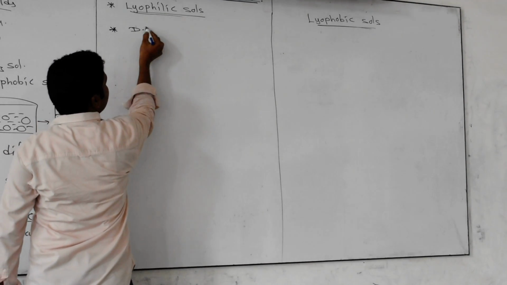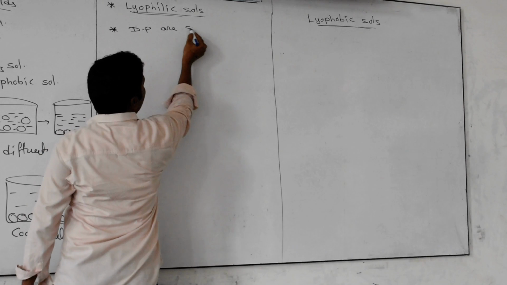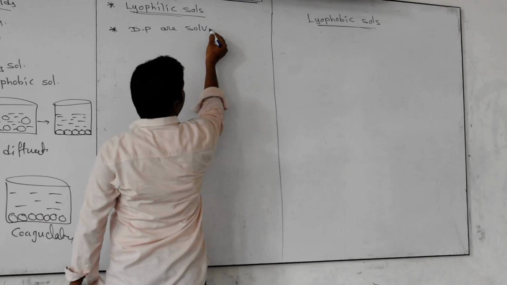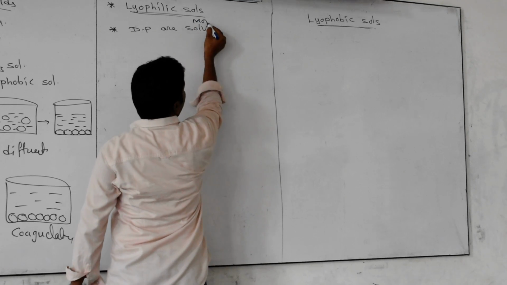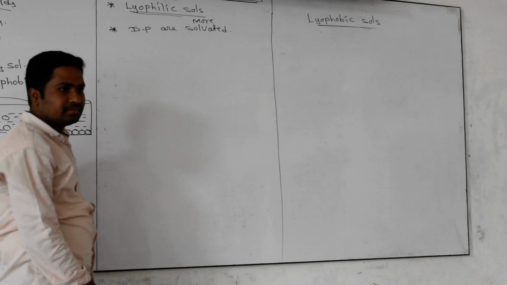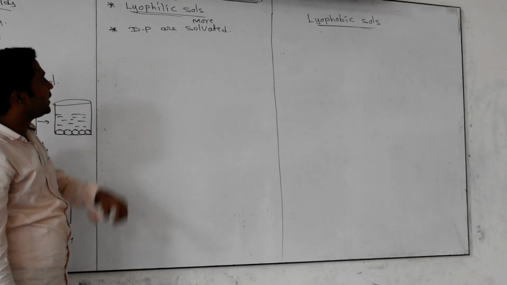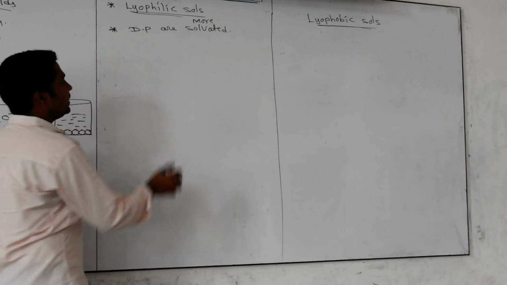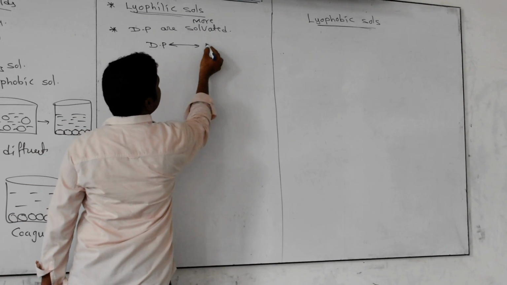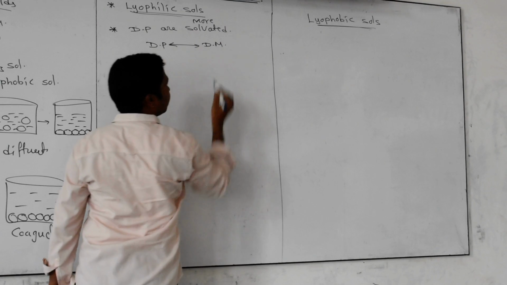Here, the dispersed phase is more solvated, or solvation is high. What is the meaning of more solvated? The dispersed phase particles have strong interaction with the dispersion medium.